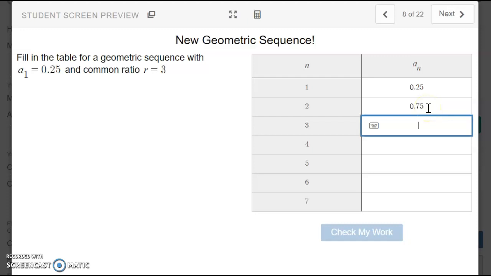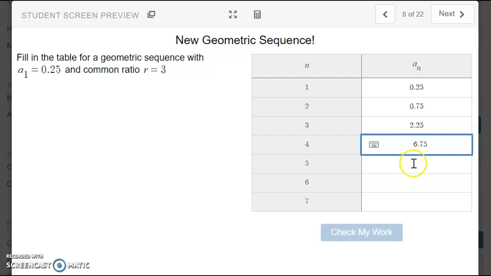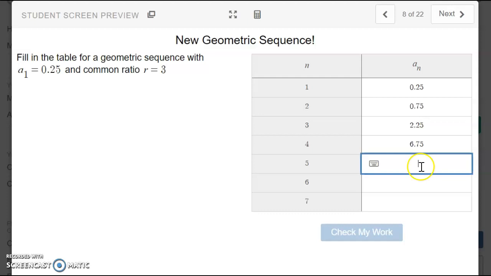Okay, you can use the calculator. You get 2.25. And what do I get if I multiply that number by 3? I would get 6.75. And what do I get if I multiply that number by 3? I would get 20.25.